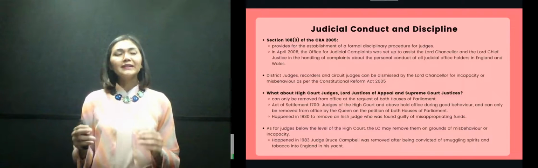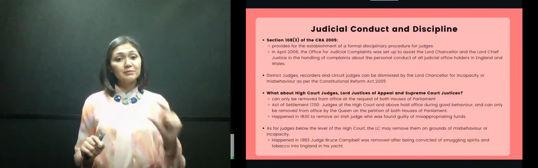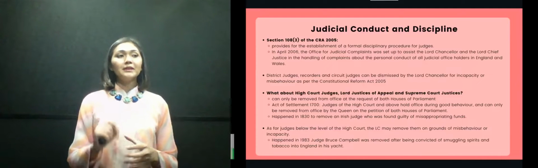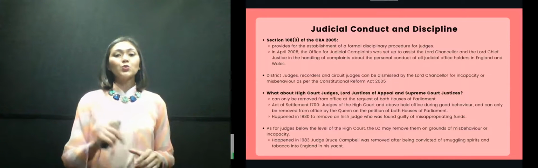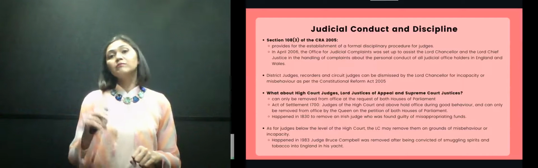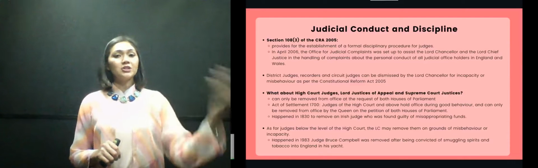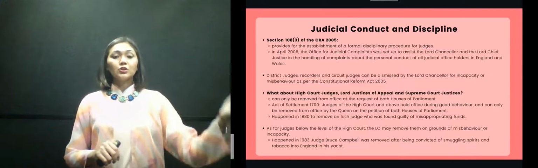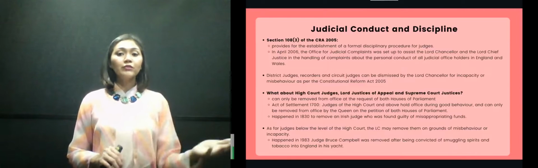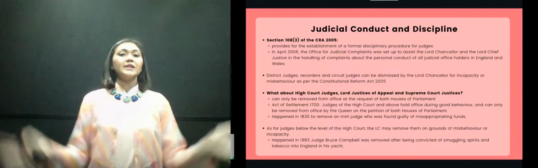There have been a very limited number of circumstances whereby judges have been dismissed. This happened way back in 1830, where one judge was removed because of misappropriating funds. There was also a Scottish judge who was removed because he was smuggling spirits, alcohol, and tobacco in his yard.